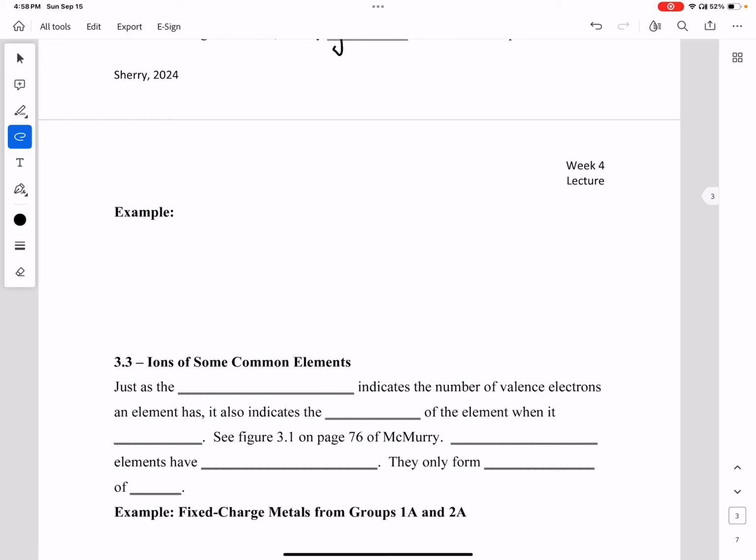So, for example, K with its 1 electron plus Br from group 7A with its 7 electrons, that's going to form K plus, positively charged, it lost its electron, plus Br minus, and it has 8 electrons.